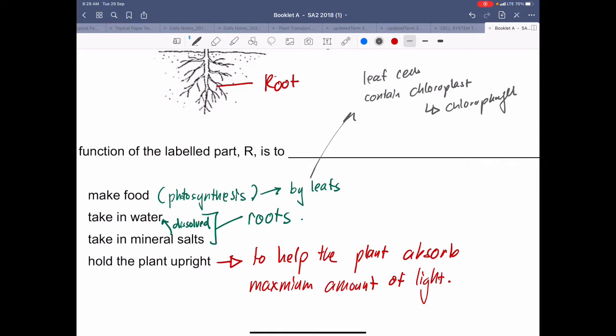Okay, wait. So let me rewrite this just in case y'all cannot see. Okay, which actually traps sunlight or traps light, for photosynthesis.